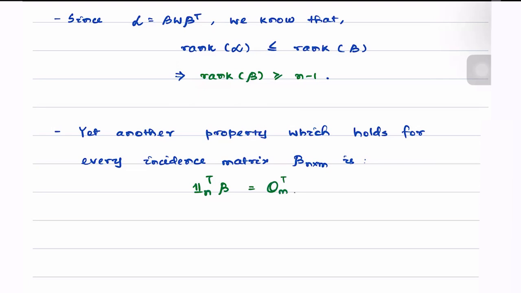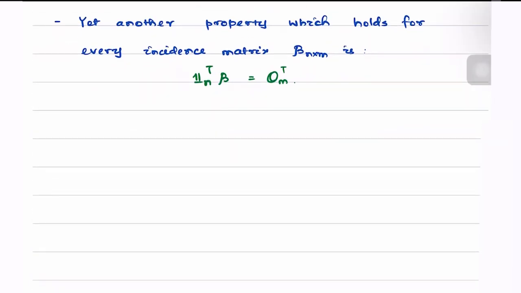What does this mean? This implies directly that the rank of B is now less than or equal to n minus 1.